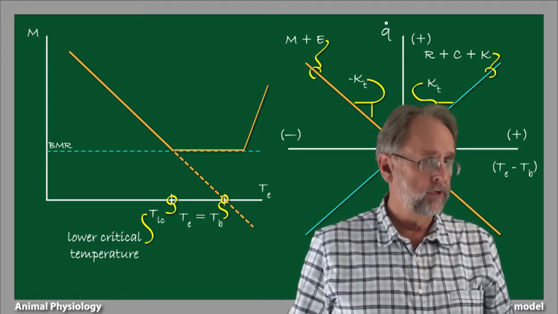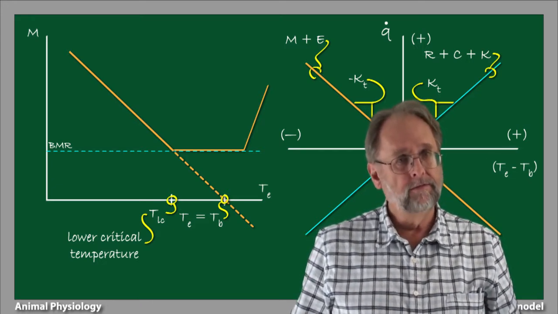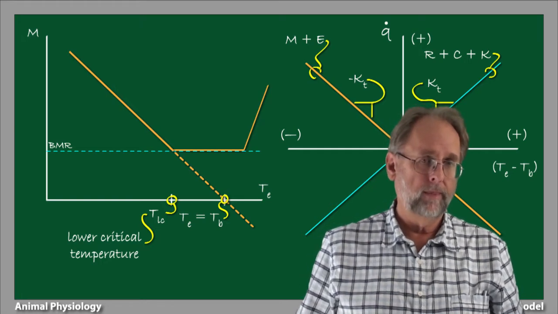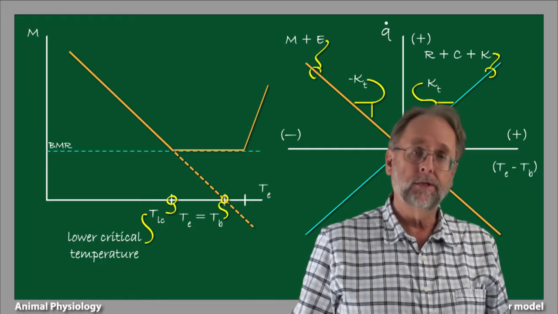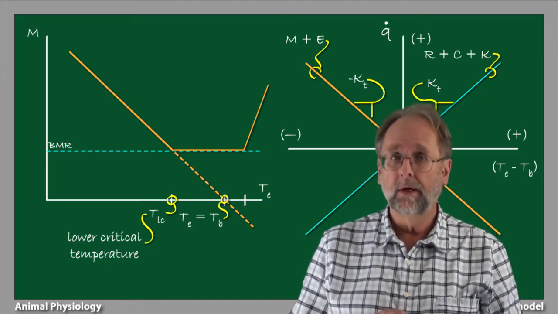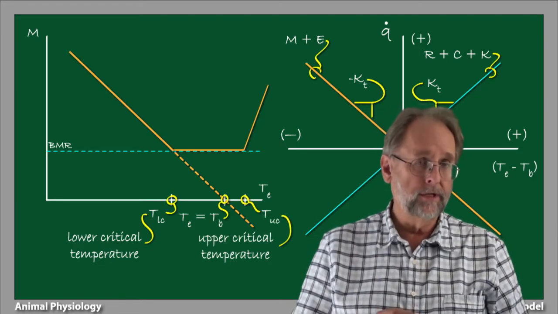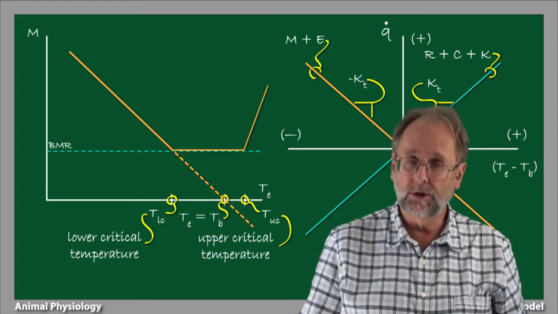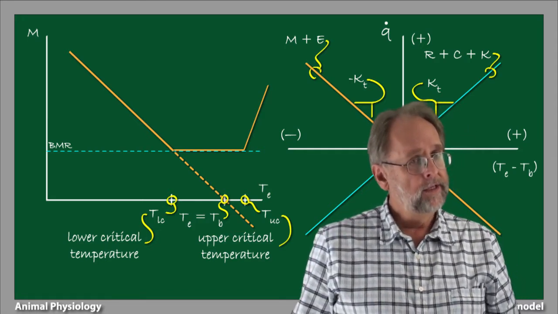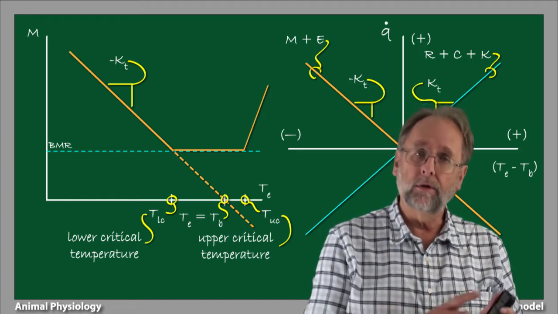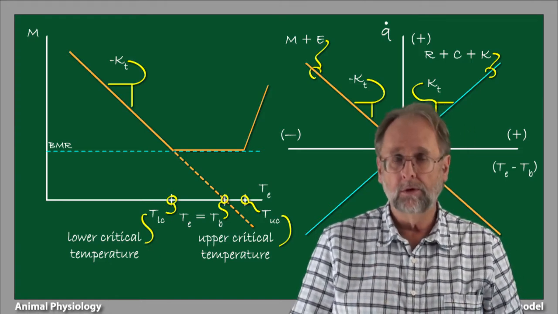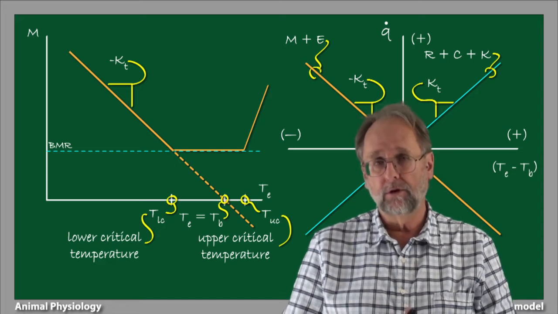When body temperature is regulated, this is a fixed point. Finally, the upper dogleg, where metabolic heat production begins to move sharply upward, is known as the upper critical temperature, or T sub UC. Finally, the slope of the metabolism curve at environmental temperatures below the lower critical temperature is equal to the negative of the animal's thermal conductance.